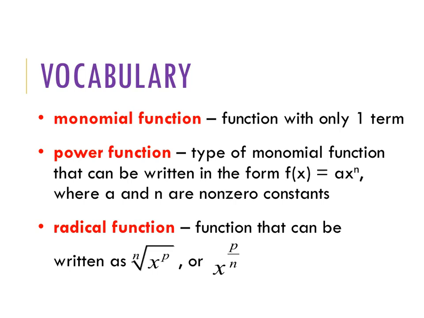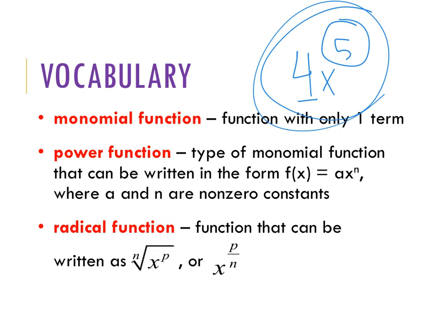Just some basic vocabulary here. A monomial function is just a function with only one term, so something like maybe 4x to the fifth. Even though we have an exponent here and a coefficient, this is still just one term. So that would be an example of a monomial function. A power function is a type of monomial function that can be written in that form.